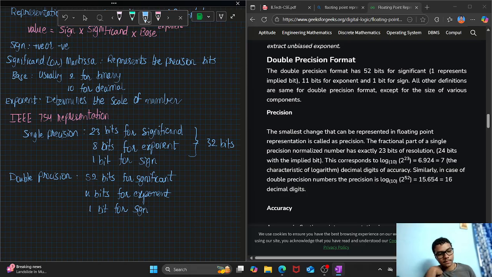So does it make 64 bits? Yeah, 52, 63, 64 bits.